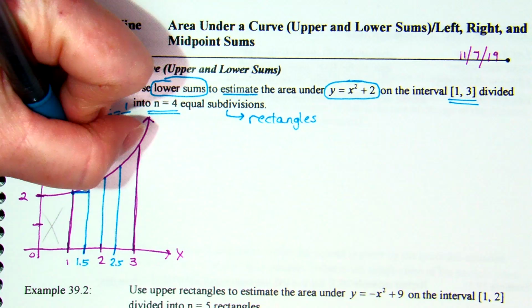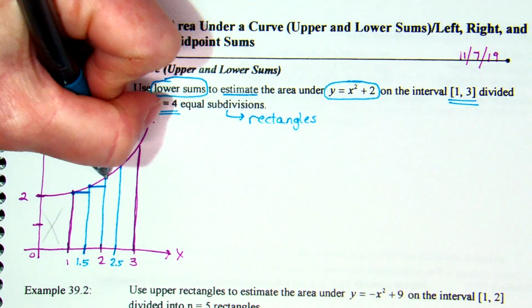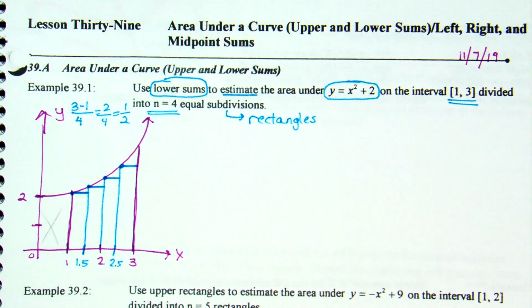I'm going to draw my rectangle here, from 2 over and from 2.5 over. So these are lower sums because all of my rectangles fall under my curve, and one side or the other of the rectangle is a point on our curve. Does that make sense?